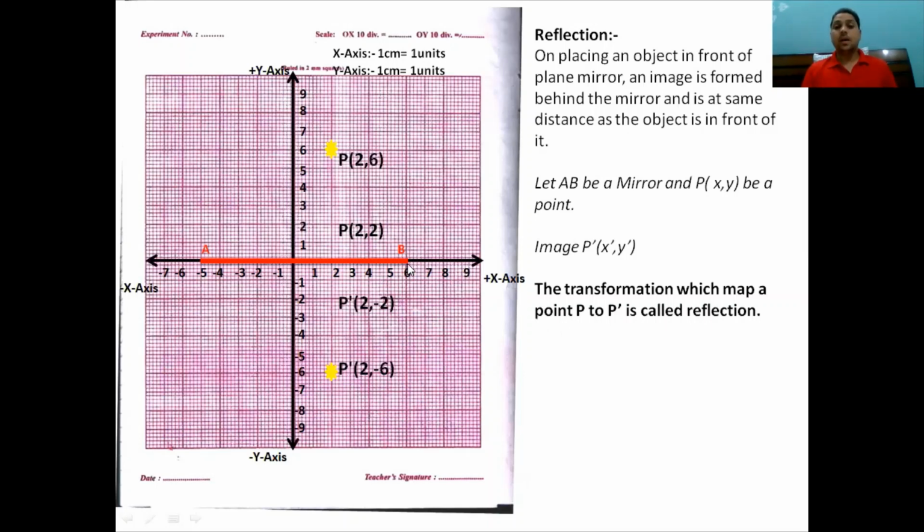This is a mirror placed along the x-axis. So we have Mx, reflection on the x-axis. We denote this transformation from P to P dash as Mx. This is known as reflection in the x-axis. Similarly, we have My, reflection in the y-axis, and Mo, reflection in the origin.